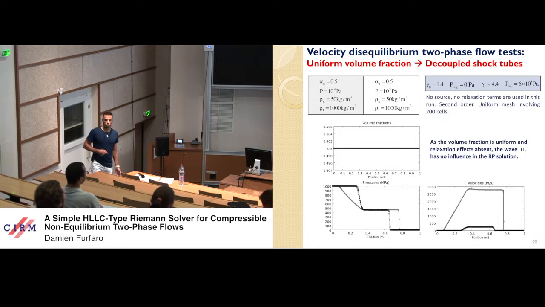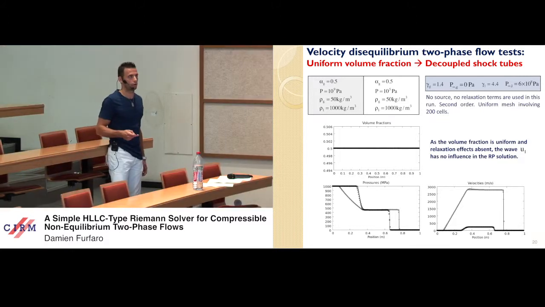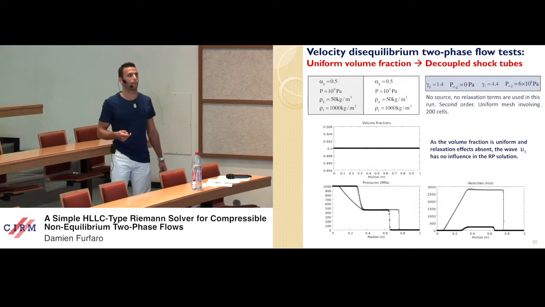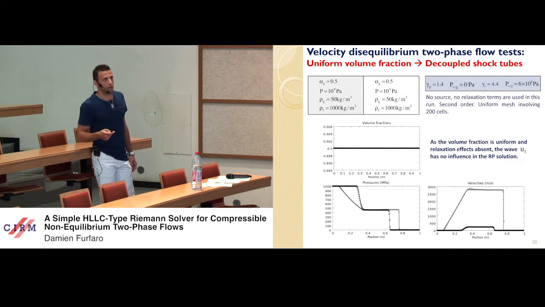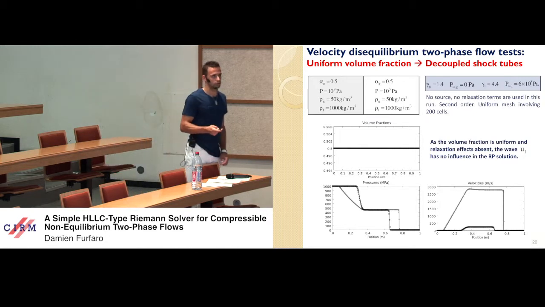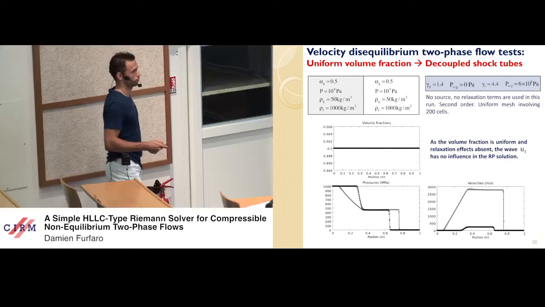Here, consider a shock tube filled with liquid water and gas. The volume fraction is uniform everywhere. The left chamber has a high pressure of 1000 MPa, and the right chamber has atmospheric pressure. In this context, no source nor relaxation terms are used in this run. The numerical results are in symbols and are compared to the exact solutions with lines.